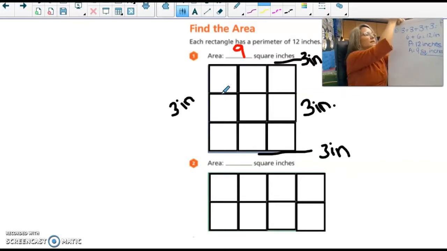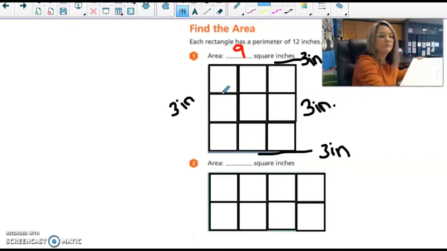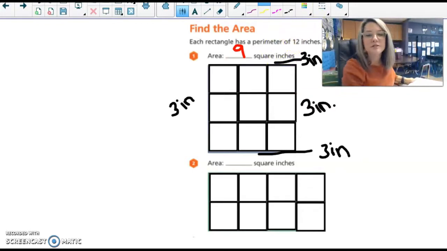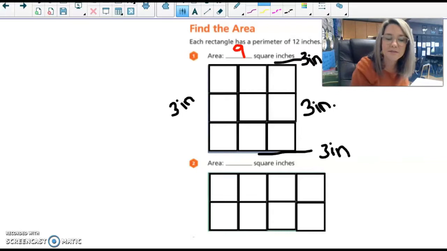Okay, so let's look at the second shape. Again, I know the directions say the perimeter is 12 inches, but I like to get in the habit of solving it also to verify or to double check, right? All right, so our measurement on this side of the rectangle is 2 inches. Ooh, let me keep it with black here. There we go.